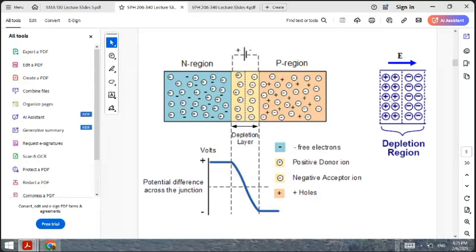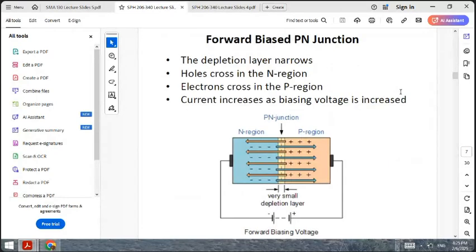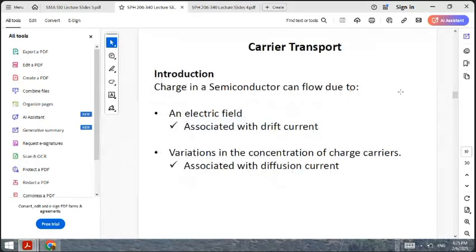What is diffusion from chemistry? Remember, diffusion is movement of particles from area of high concentration to area of lower concentration. There's also the electric field, which can affect flow of charge, and that is exactly what we are saying here.